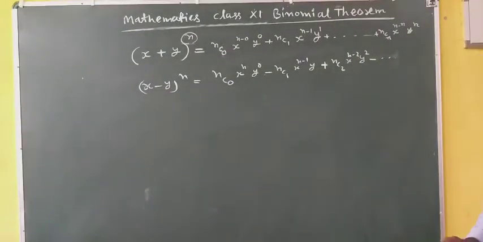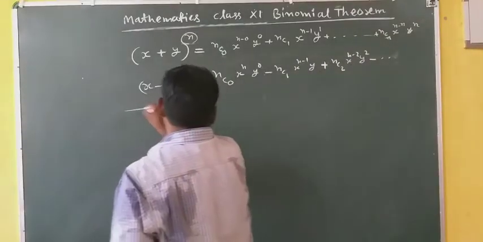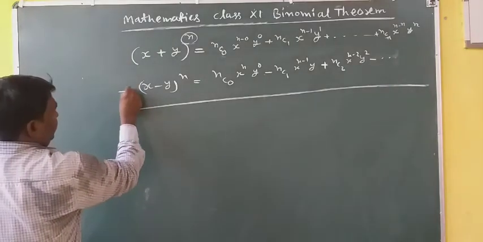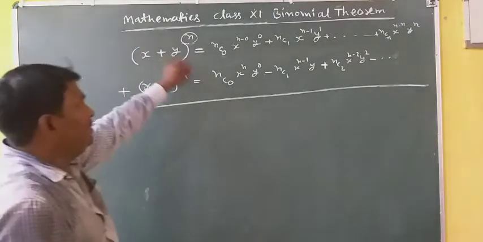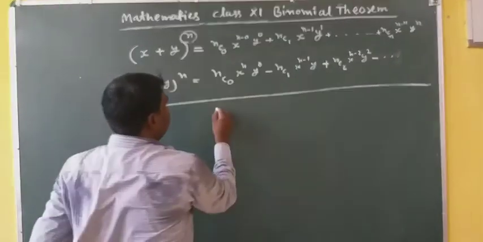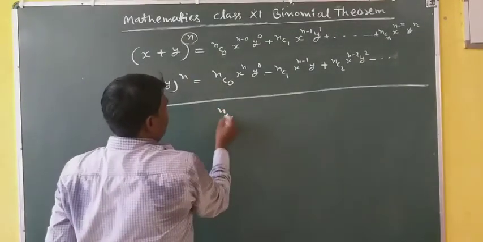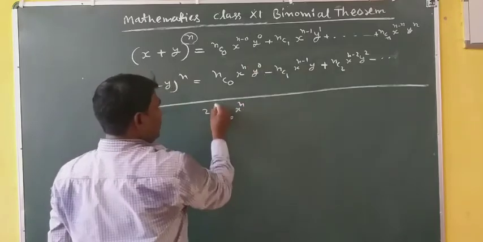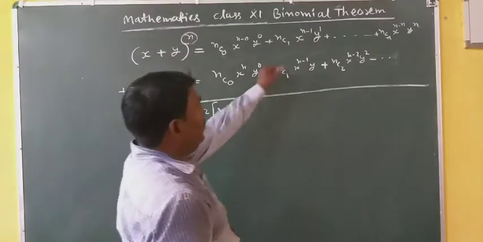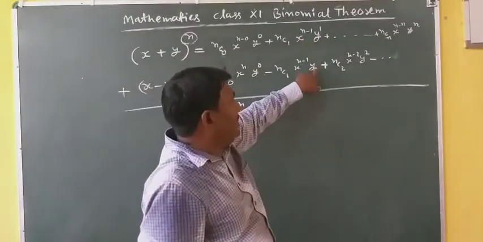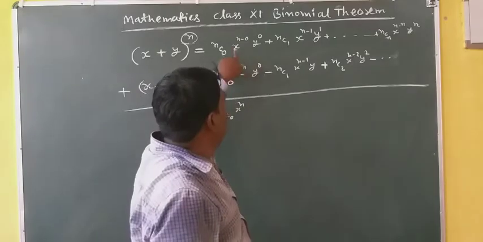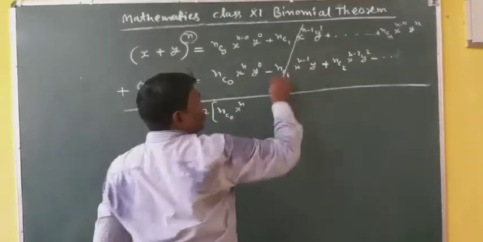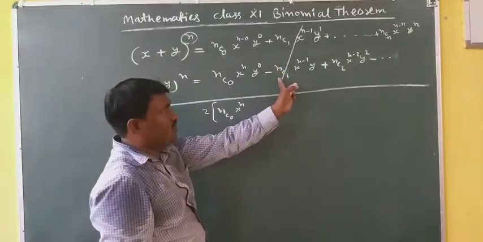Now if you add the two expansions, these terms add, giving 2 nC0 x power n, y power 0 is 1. Now for the y power 1 term, the second term, this will cancel out, since in one it is plus and in the other it is minus.